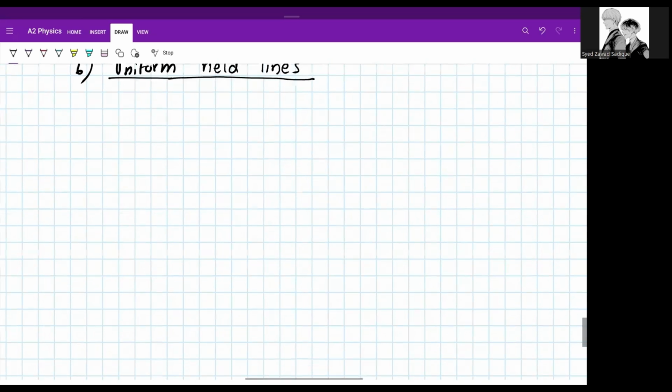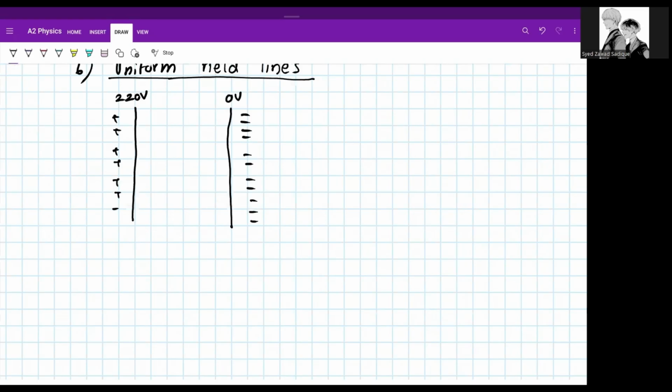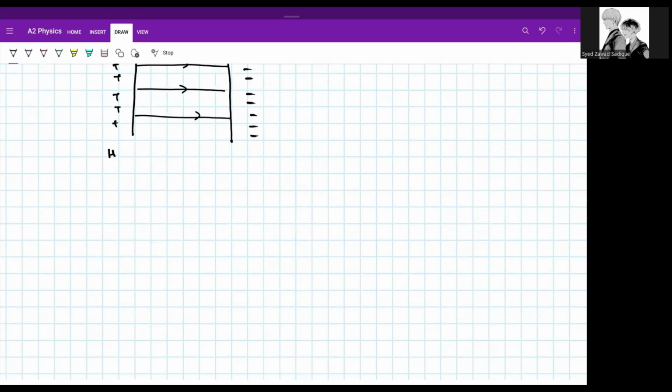So let's say there are two parallel plates. So this is 220 volts. This is 0 volts. The field lines will go from high potential to low potential. I'll write it down. High potential to low potential.